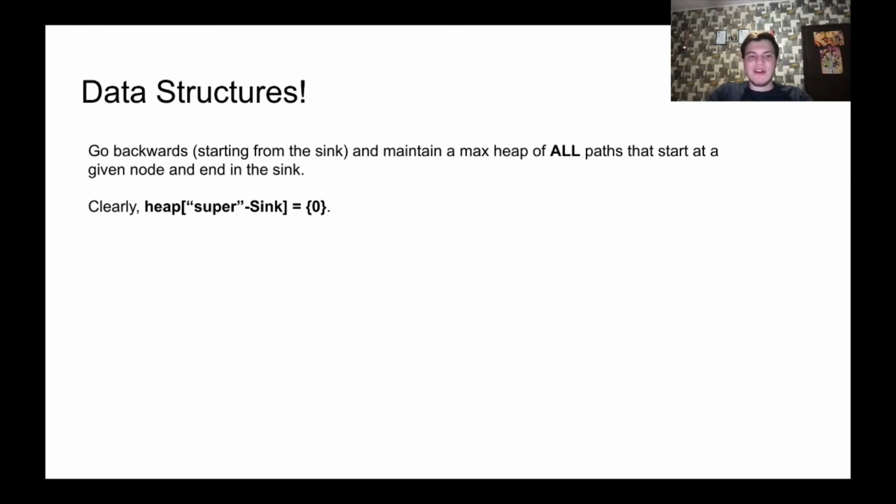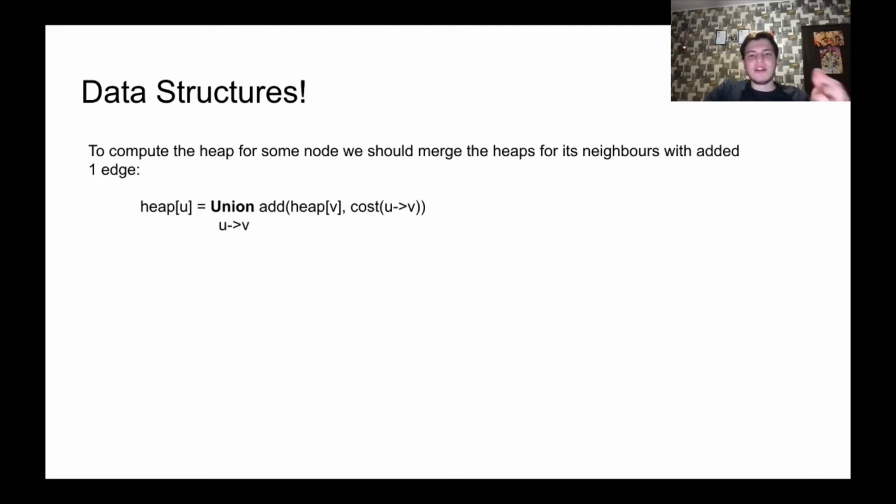What we actually want as we go backwards is to build this heap. And to build it, we are going to use the adjacent heaps. Let's have some vertex u. The heap of u should be equal to the union of the heaps of its adjacent nodes.